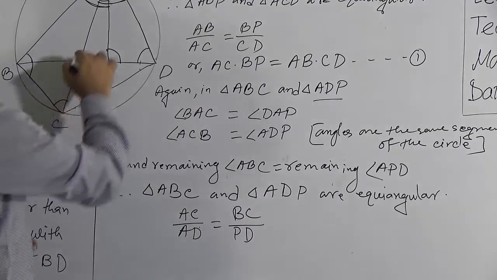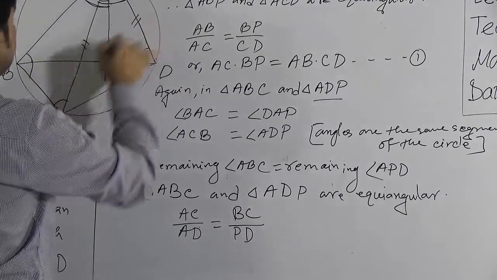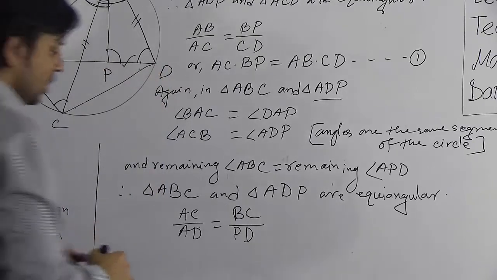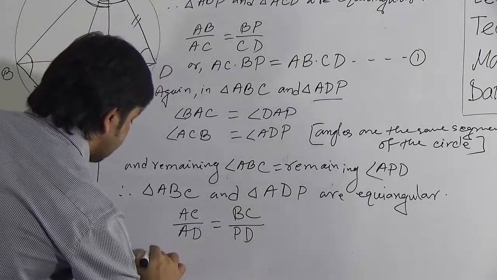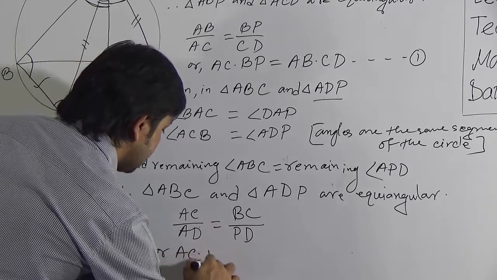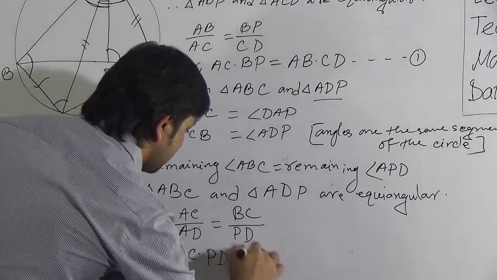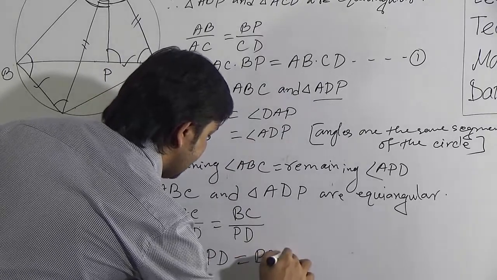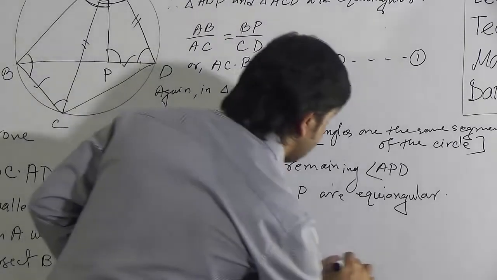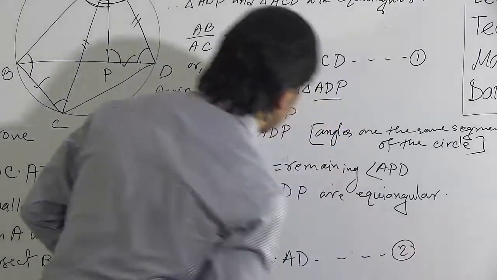These two pairs of sides are similar. So AC into PD is equal to BC into AD. This is equation 2.